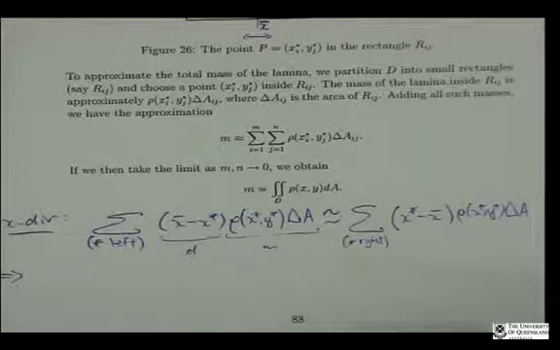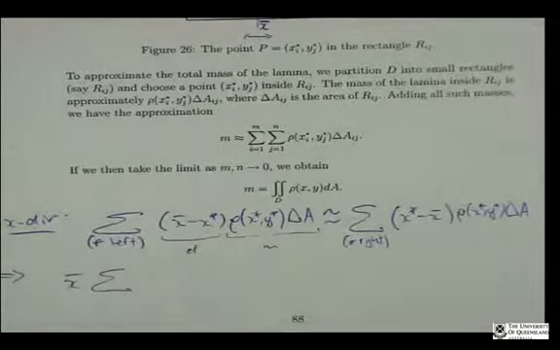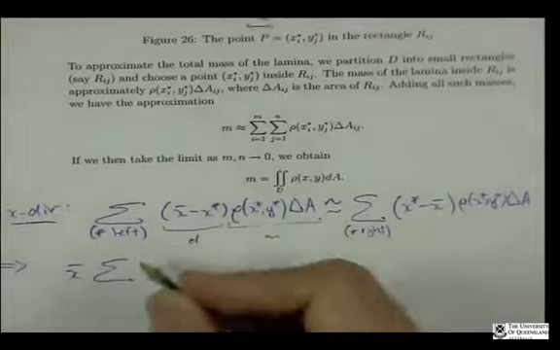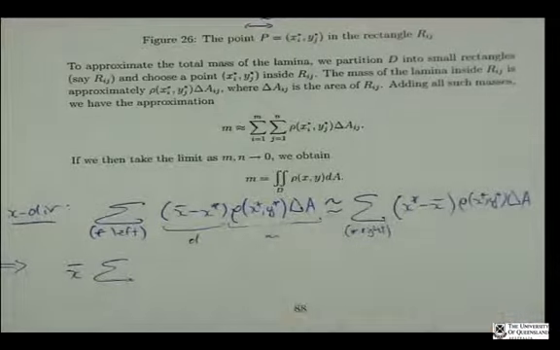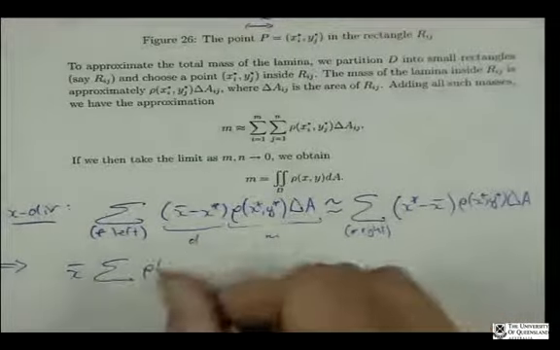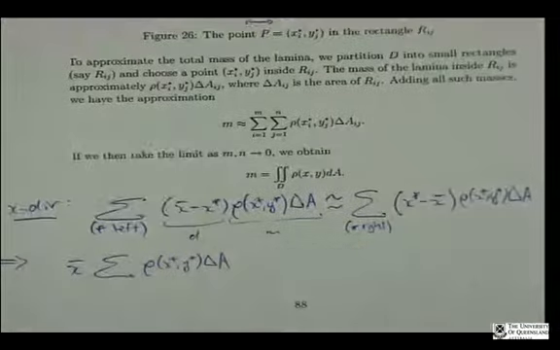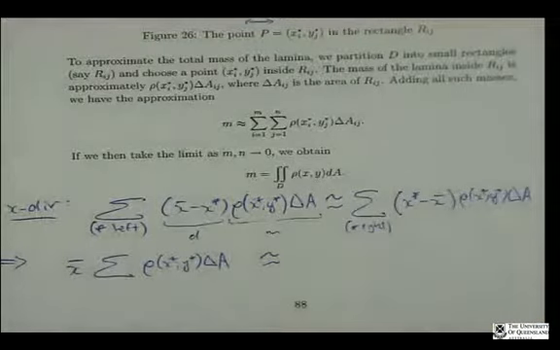To rearrange, we end up with all the terms involving x bar, and I can take x bar out of the summation. It's got nothing to do with the representative points. So it's just going to be x bar multiplied by the individual masses, which are rho of x star, y star times delta A. I'm putting all those on the left-hand side of the equation.